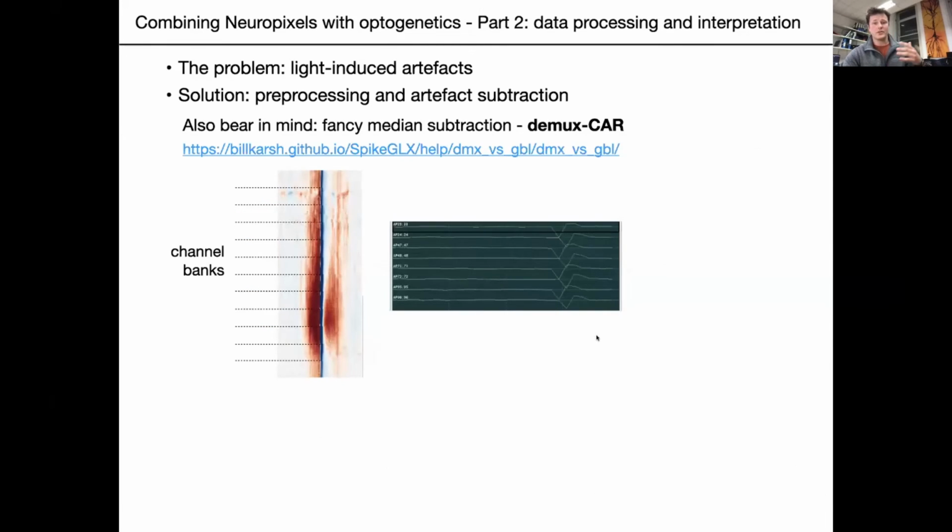Something else you can do is DemuxScar, which was invented by Olivier Winter at IBL, and implemented in SpikeGLX by Bill Karsh. You see that channels are acquired in banks, and it leads to these kind of shifts in time of the artifacts between banks of channels.